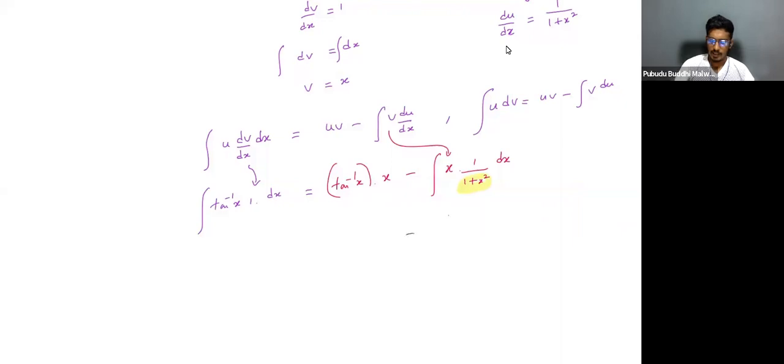Then I think we can easily complete this. Let's multiply and divide by 2, like this. I did not change anything. Then we can easily integrate that one. I'm going to take half out. Then 2x is basically the derivative of 1 plus x squared.